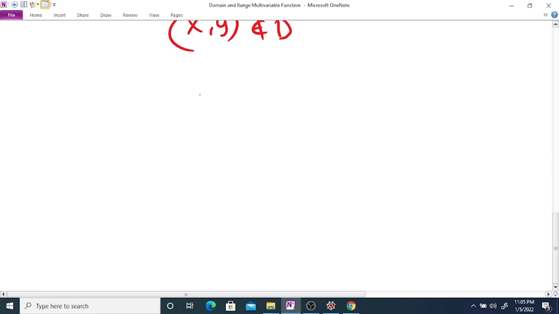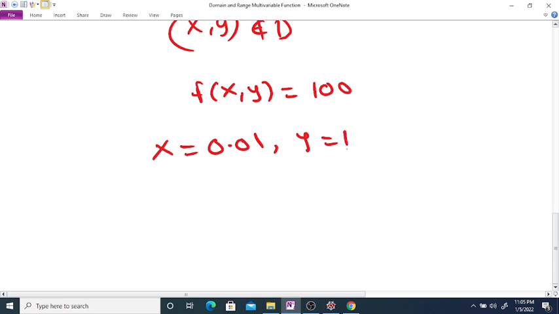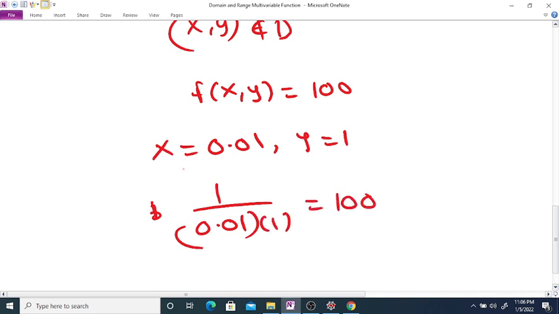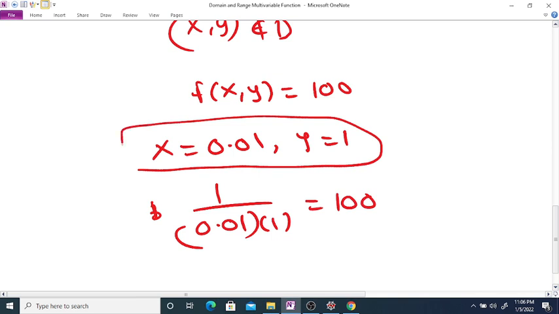Also, suppose you want f of (x, y) equal to, say, 100. Then there exists a pair, x equal to 0.01 and y equal to 1, so f of (x, y) is equal to 1 divided by 0.01 times 1, which is equal to 100. You can also obtain negative elements.